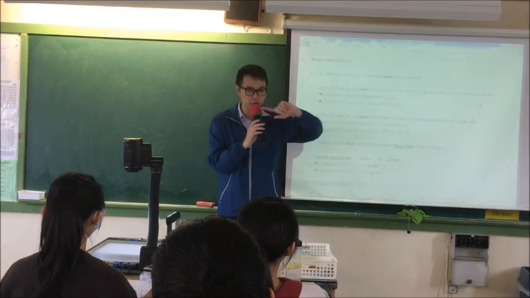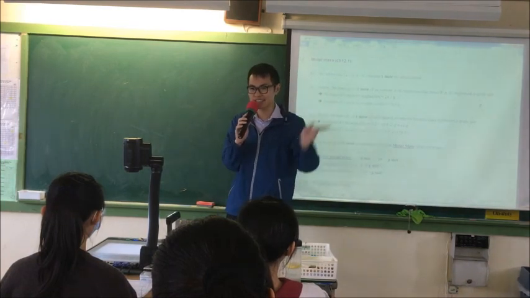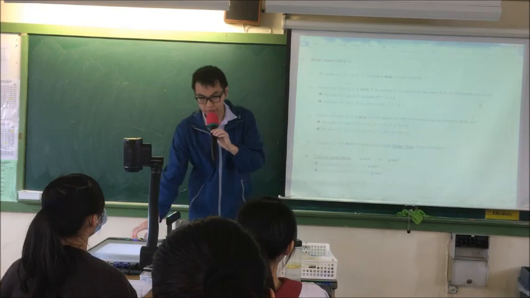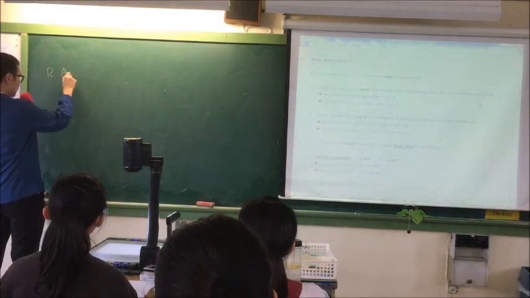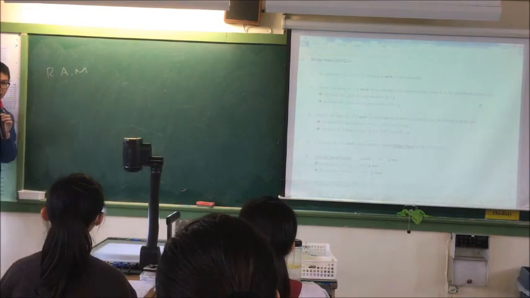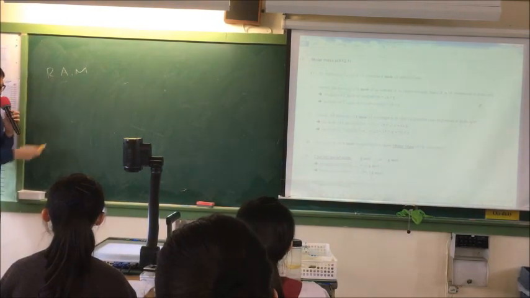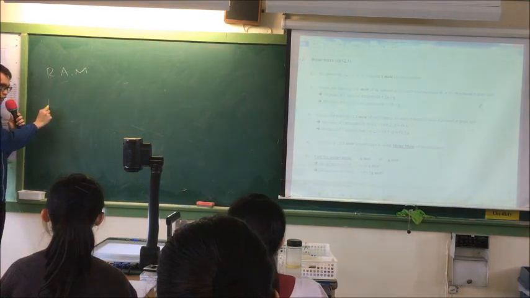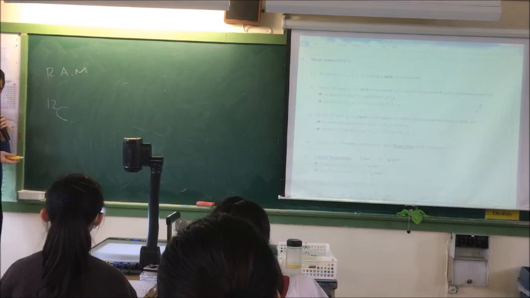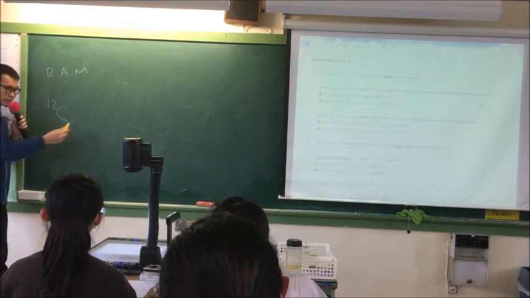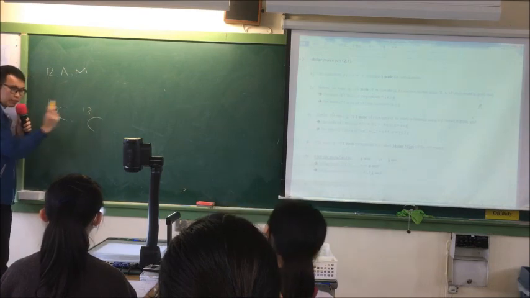Okay, so if you remember correctly, in the last year we have learned a term RAM. RAM 記唔記得？RAM is the relative atomic mass. Okay, if I ask you what is the mass number of carbon 12? What is the mass number of carbon 13?